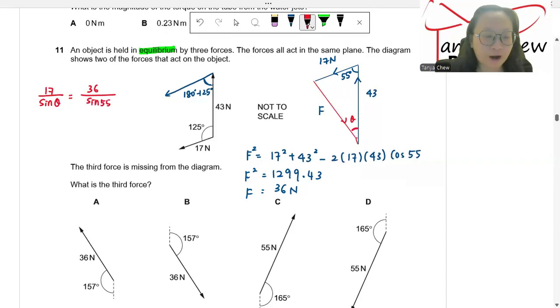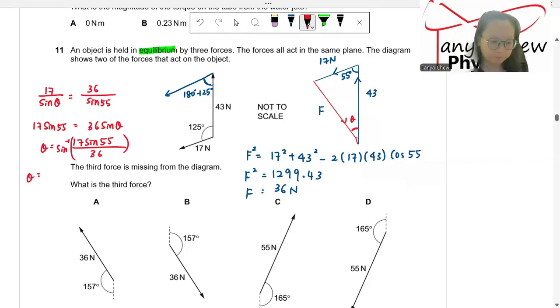So you do your cross multiplication. 17 sine 55 is equal to 36 sine theta. Therefore, sine theta is equal to 17 sine 55 divided by 36. And then you shift sine, inverse sine. So 17 sine 55 divided by 36, and then shift sine.